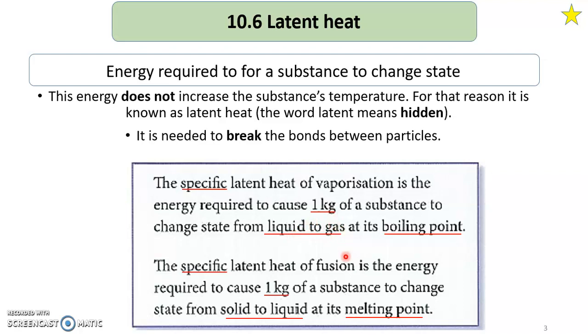Basically, for both of these definitions, you just change the keywords. So from vaporization into fusion, and from liquid to gas into solid to liquid. Under this definition, the students have to know that vaporization means vaporize from liquid to gas. Fusion is the melting process from solid to liquid.